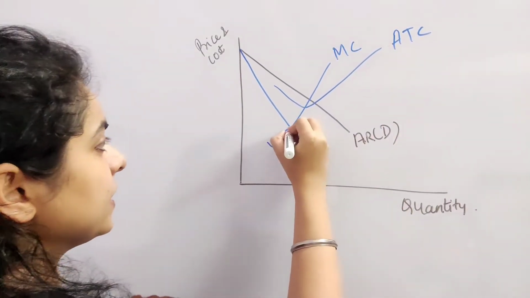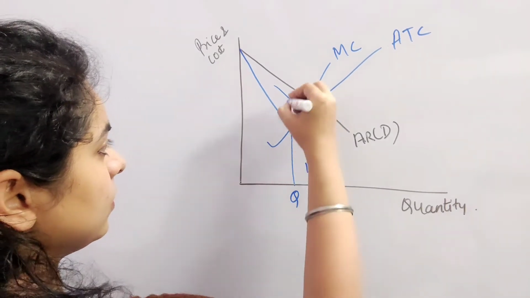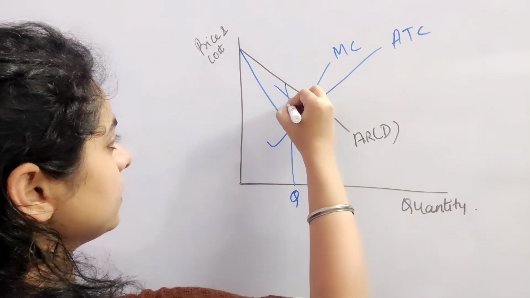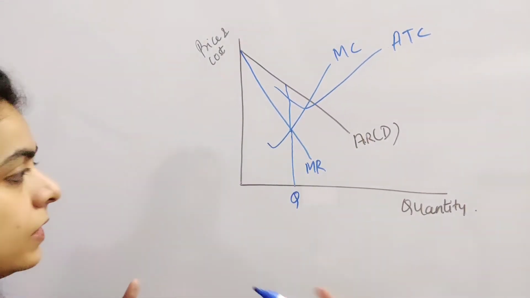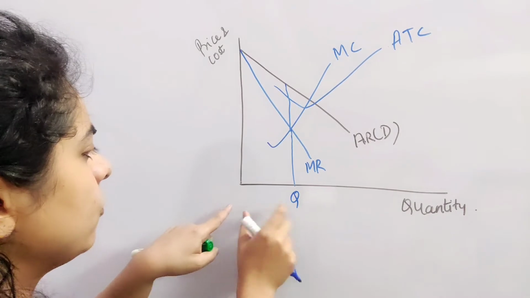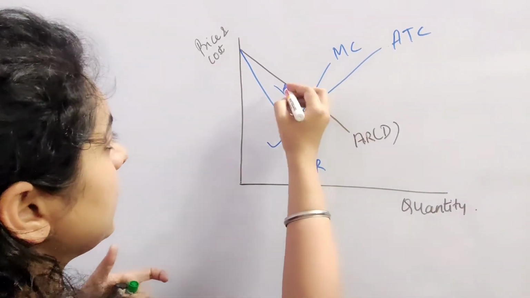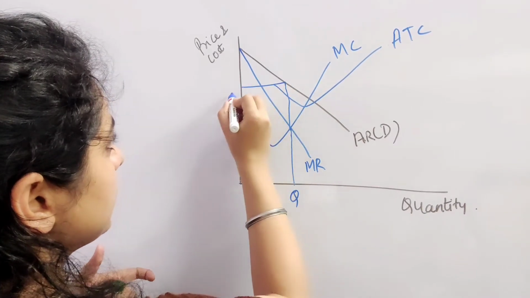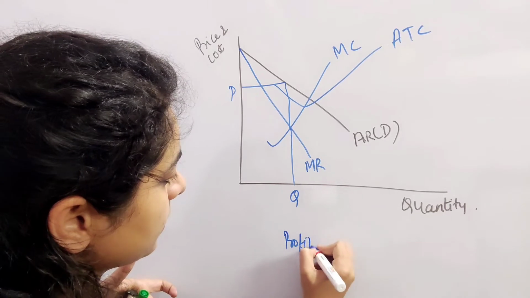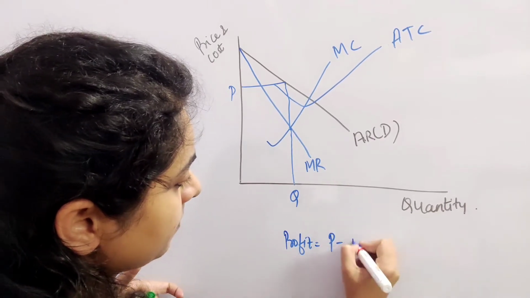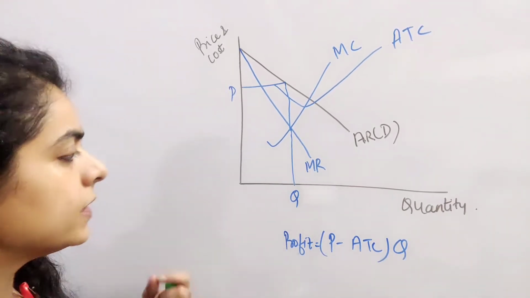So basically, a single price monopolist will maximize profit where marginal revenue and marginal cost are equal to each other. So this output level OQ is the profit maximizing level of output for this monopolist, and the price charged is P. As we know, profit is price minus average total cost multiplied by quantity.